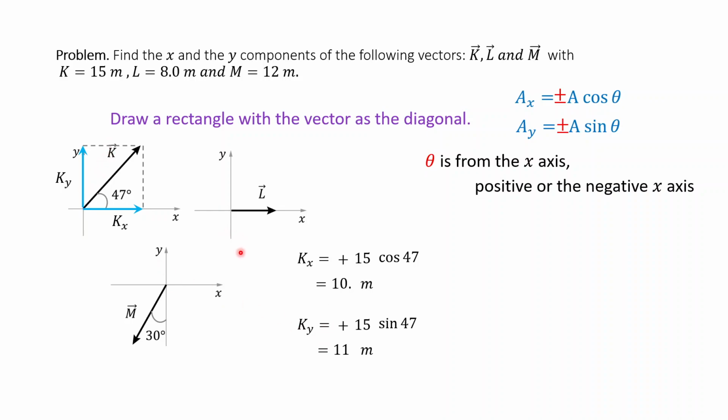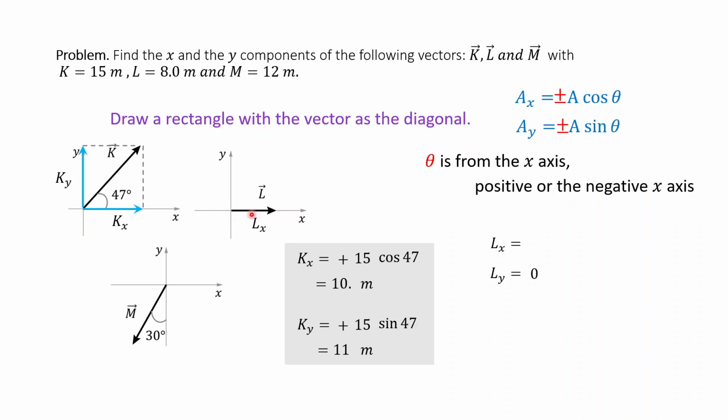Now we will find the components of this vector. This vector is along the x-axis. So the y component of this vector is 0. Now the x component is the vector itself. Look at the direction of this vector.